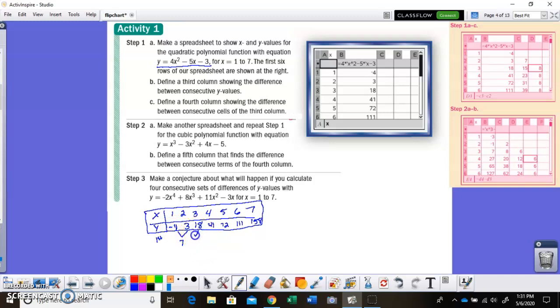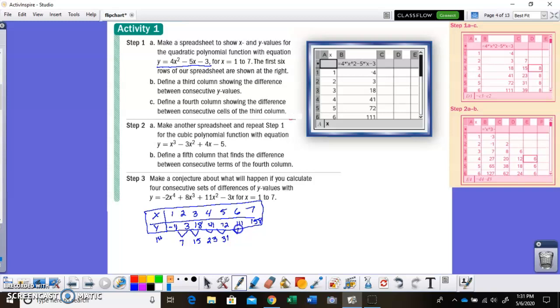And 18 minus 3 is 15, and 41 minus 18, and it's okay if you guys are pulling out a calculator for these. I don't mind that, because it gets to be cumbersome if you're trying to do all of that mental math. So 41 minus 18 gives us 23, and then 72 minus 41 is going to get us 31.